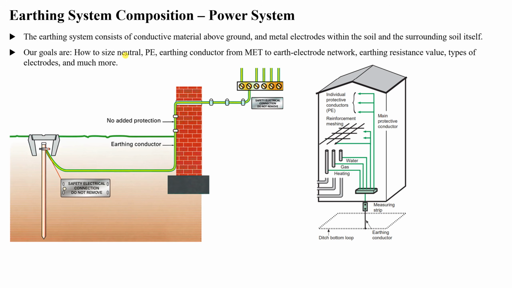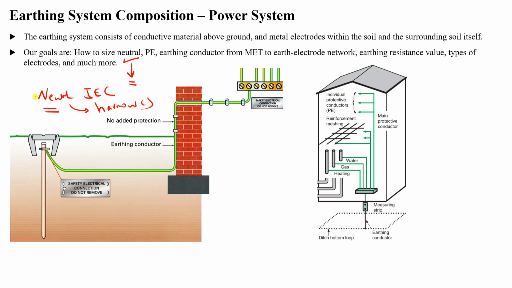Now, our goal is to design and size the neutral, which we are going to discuss in the next video. This is a very technical and very important video. We're going to talk about the neutral and how to size it via the IEC standard. We are also going to size this neutral in the presence of harmonics.